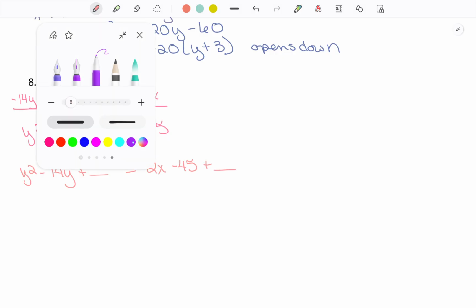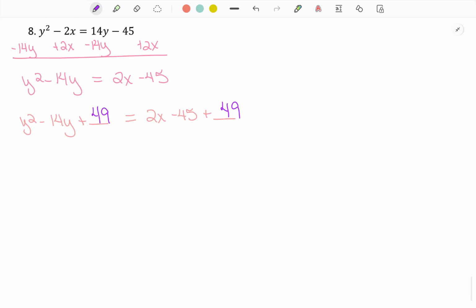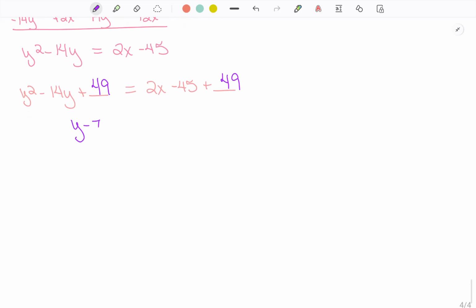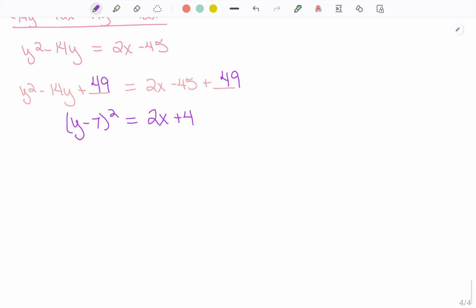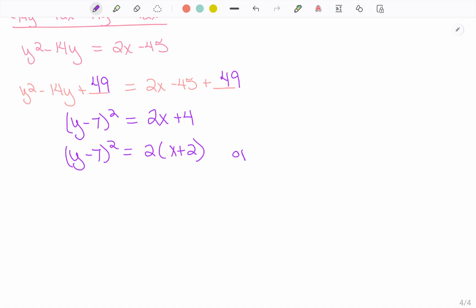And then when we complete the square, half of negative 14 is negative 7, and negative 7 squared is 49. So that gives us y minus 7 squared when we factor, and we have 2x plus 4. So then when we do get the GCF out of the 2x plus 4, we have y minus 7 squared equals 2 times x plus 2. And so this actually opens to the right.